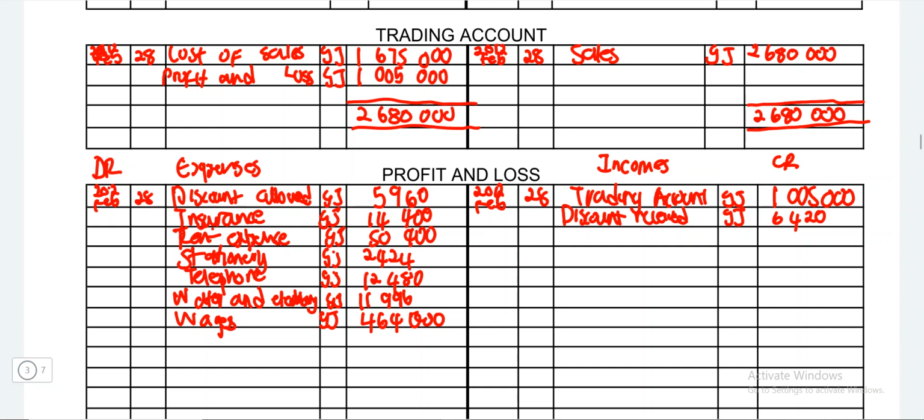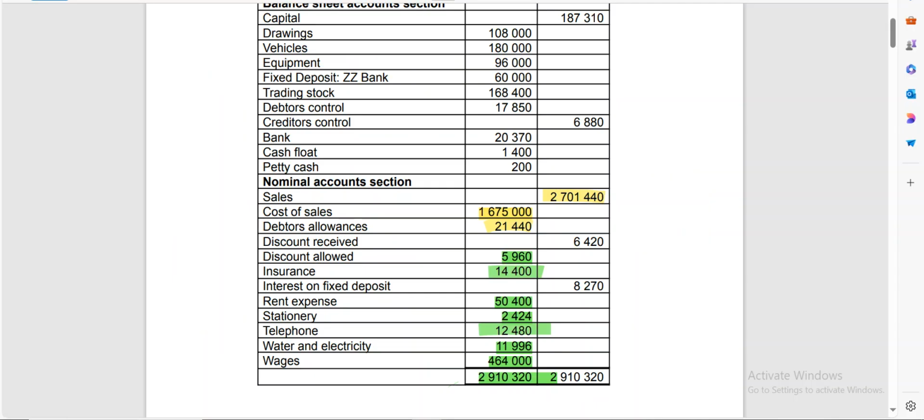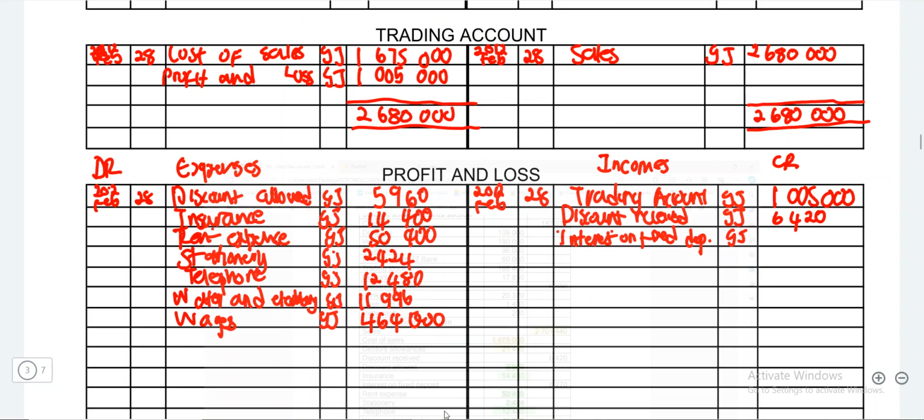And then next we have interest on fixed deposit. So I'll just write it short because I don't have space, and then general journal. And then that interest on fixed deposit, remember, according to here it's 8,270. So you'd have your 8,270 here.